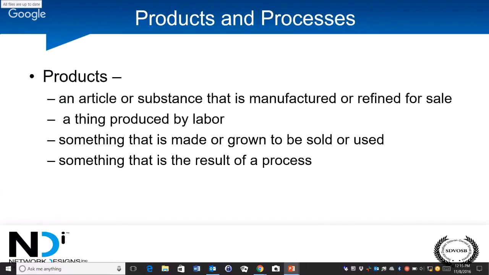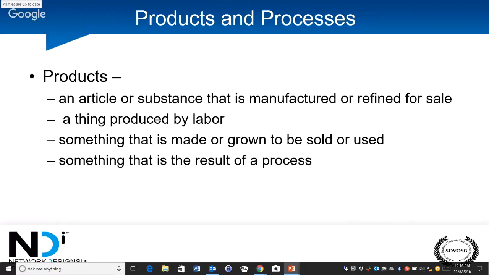So what are products and processes? Products. It is an article or a substance that is manufactured or refined for sale, a thing produced by labor, something that is made or grown to be sold or used, or something that is the result of a process. That's how you would define a product. And certainly we fall under that.